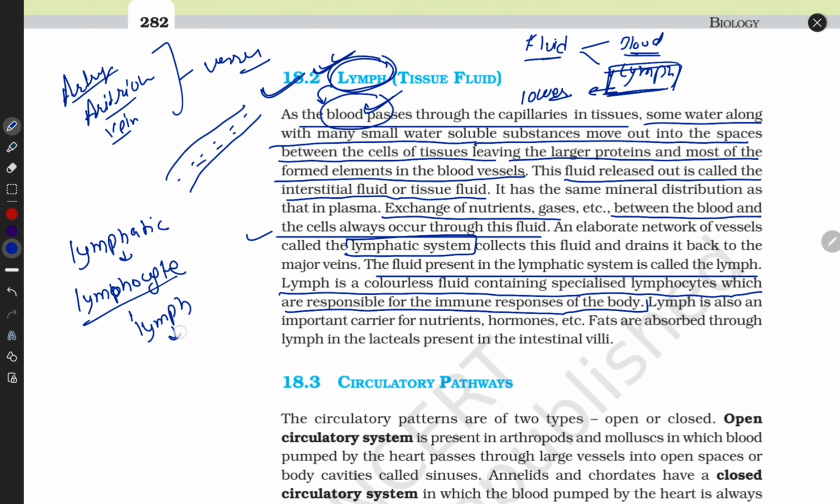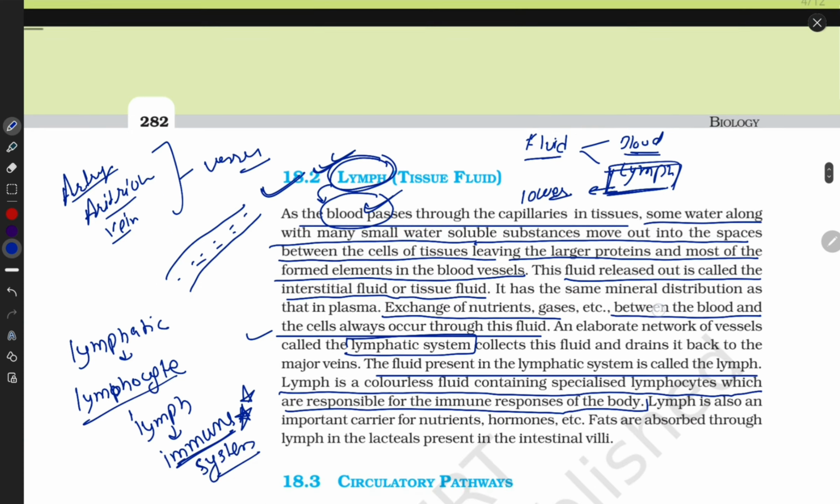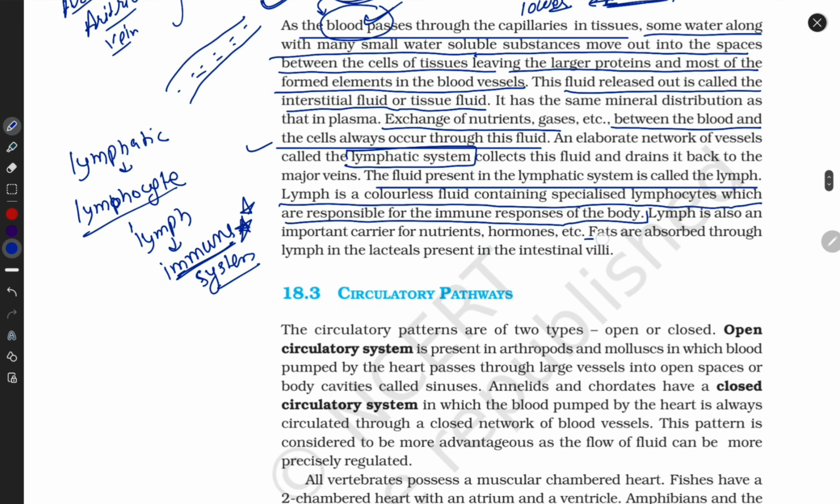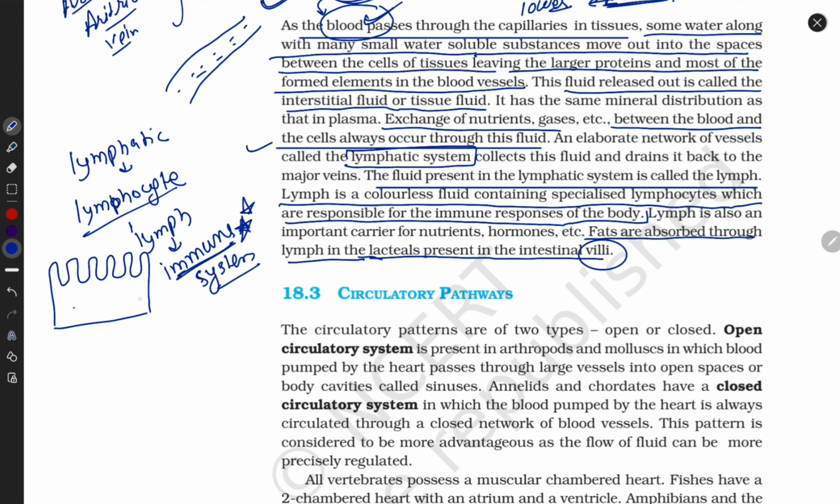Lymph is colorless and these are responsible for our immune system. Very, very important thing. Fats are absorbed through lymph in the lacteals present in intestinal villi. What is the meaning of villi? These are outer growths. They increase the absorption area.